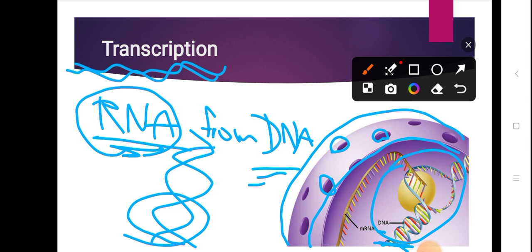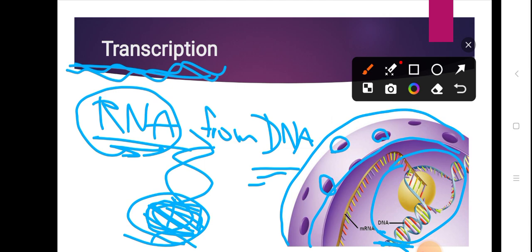So we want to make a copy, for example, of only this part that is responsible for a specific character or a specific trait or a specific protein, okay? So the transcription process means what? Copying of a specific part of DNA.